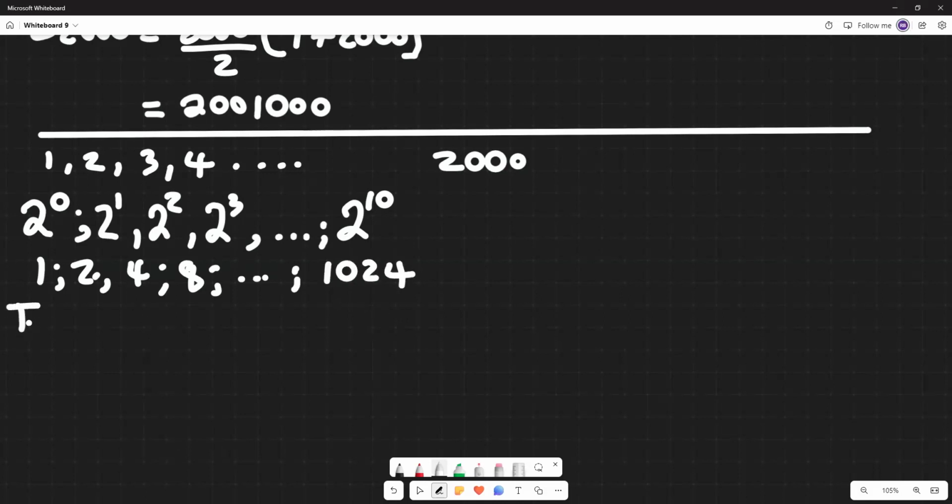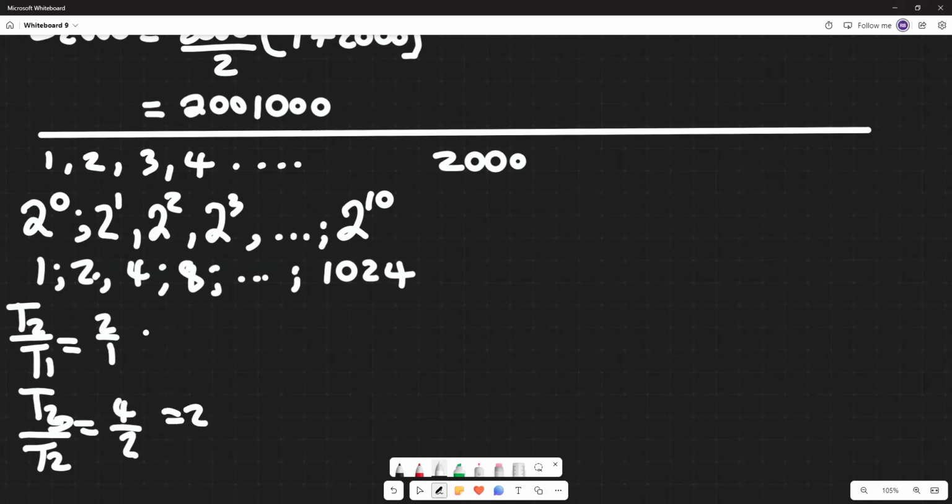You can see that this is a geometric pattern, but let's first prove it. T3 over T2: T3 is 4 over T2, which is 2. The answer here is 2. T2 over T1 is 2 over 1, the answer is 2. Therefore, this is geometric.